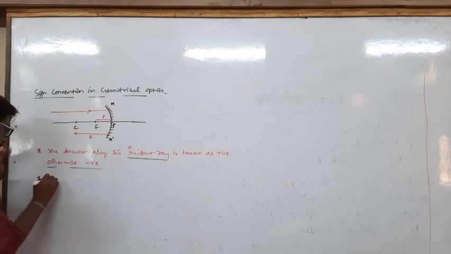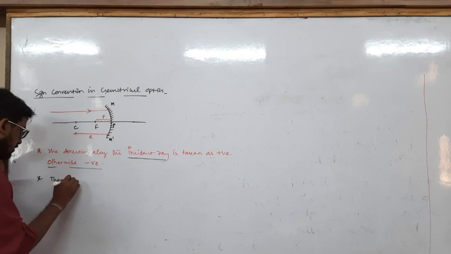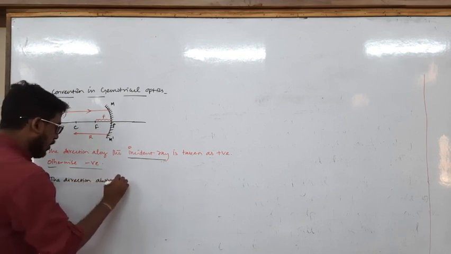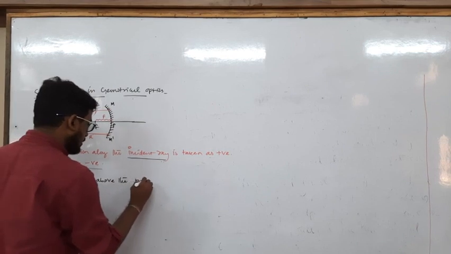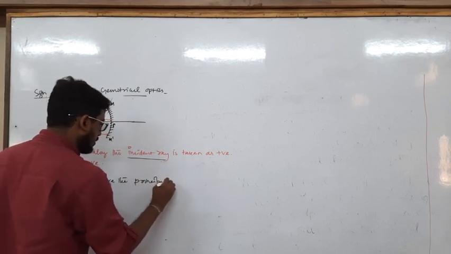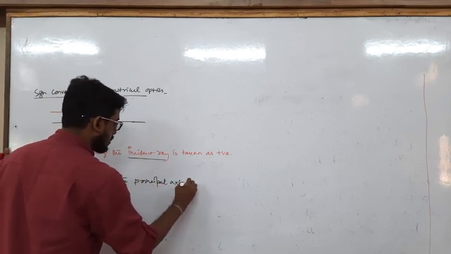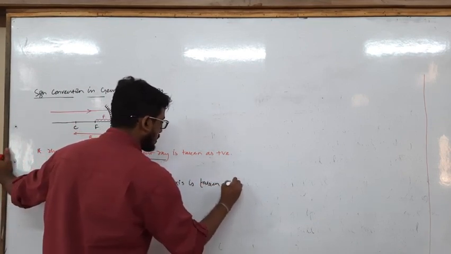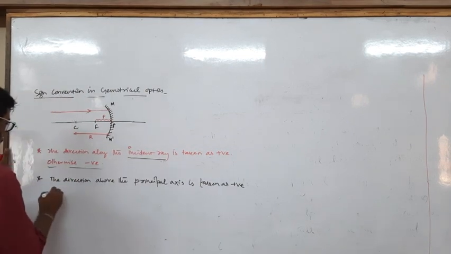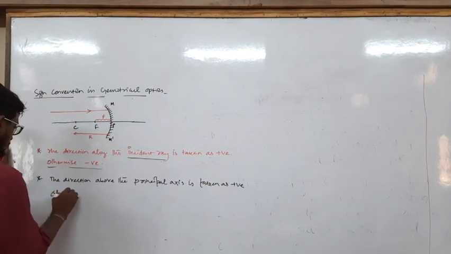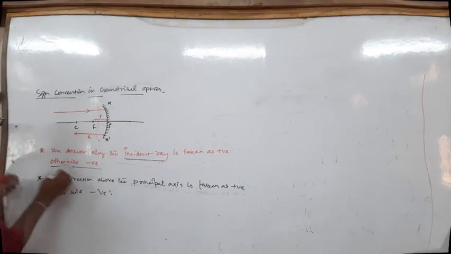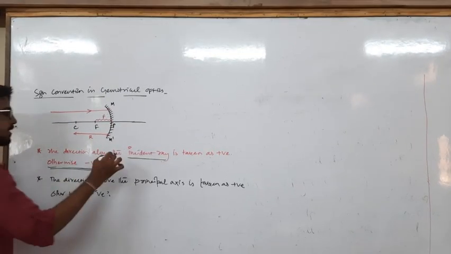Next, the direction above the principal axis is taken as positive, otherwise negative. You have to remember these two points in the sign convention.